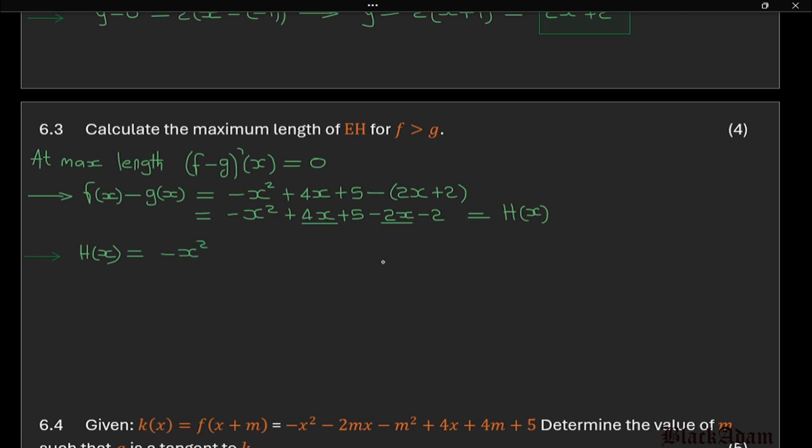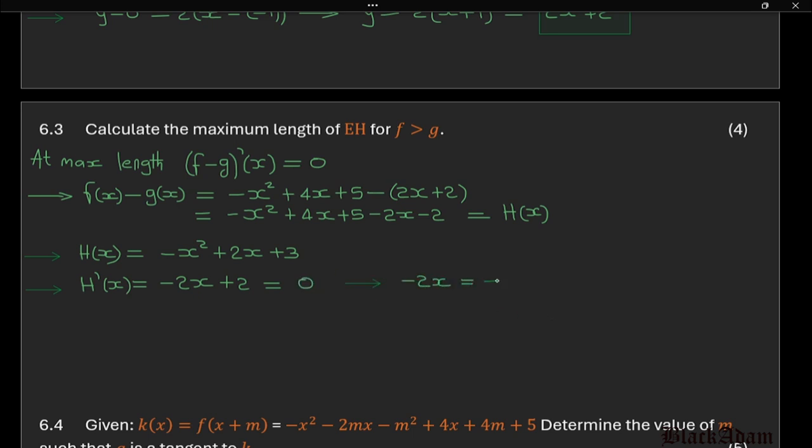That's called transformation. And then from there, 4x minus 2x is 2x, and then 5 minus 2 is positive 3. So we have to differentiate that. So the derivative of function h, which is the difference of the graphs, is negative 2x plus 2. So we use the power rule.